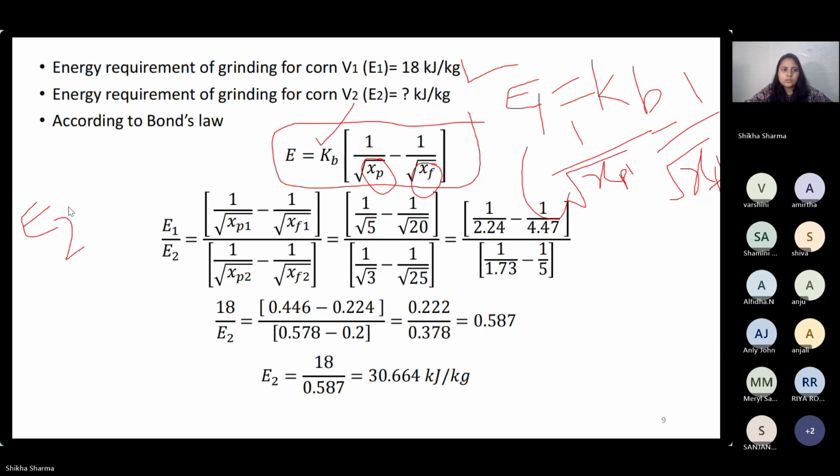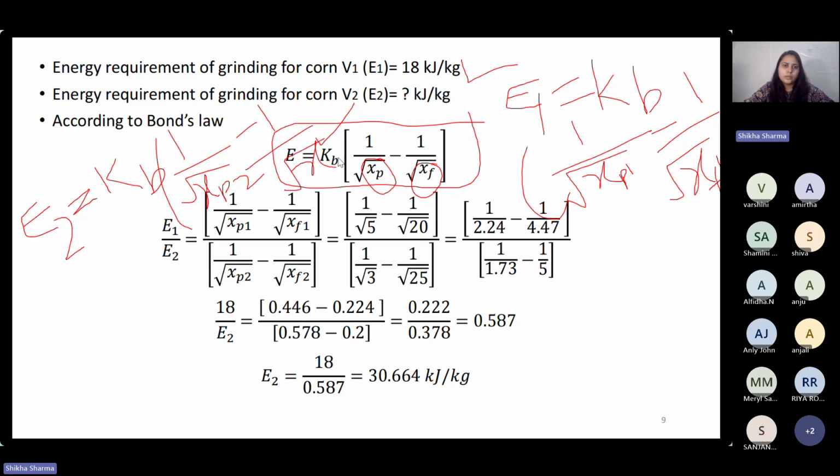E2 equals kb times 1 upon under root xp2 minus 1 upon under root xf2. Since the other conditions are kept constant, this kb will be the same. So if we divide E1 by E2, this kb will be cancelled out.